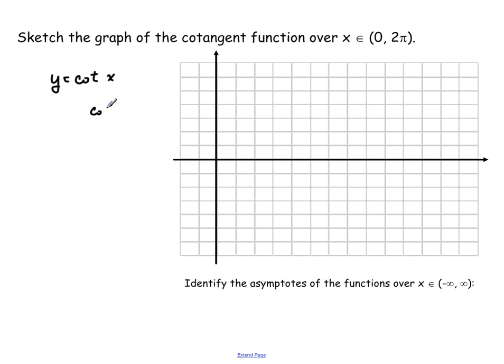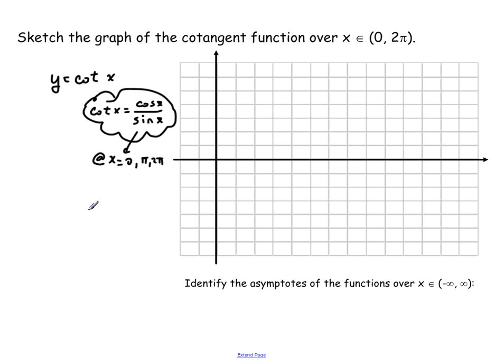So we go back, cotangent of x we said is equal to cosine of x over sine of x. And you'll notice that I'm choosing the interval from 0 to 2 pi for this particular reason, because we know that sine of x is equal to 0 at values like x equals 0, x equals pi, and x equals 2 pi. And those are going to be vertical asymptotes of my function.